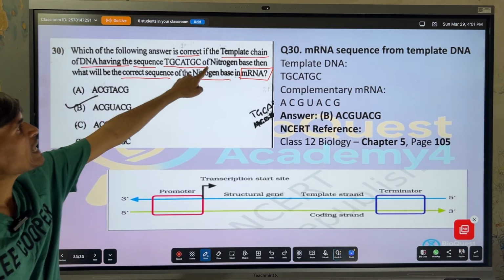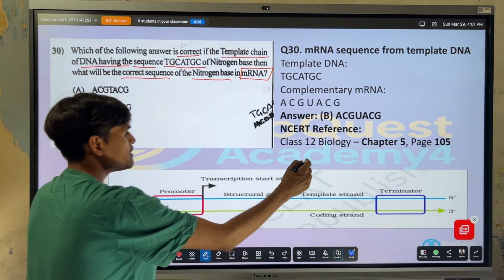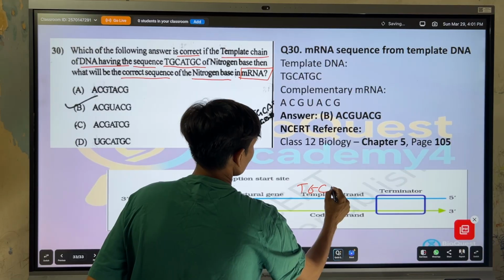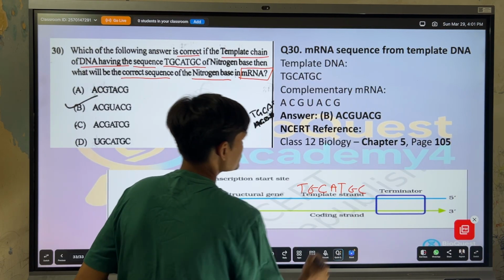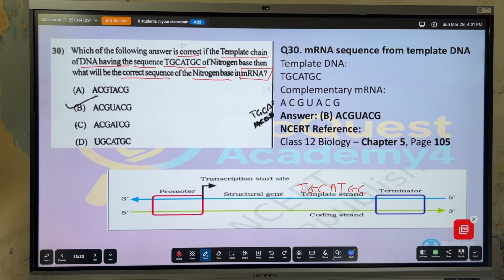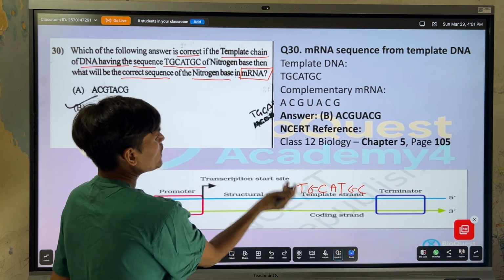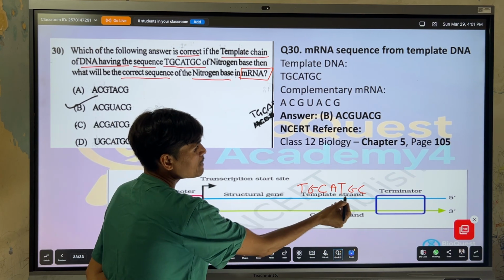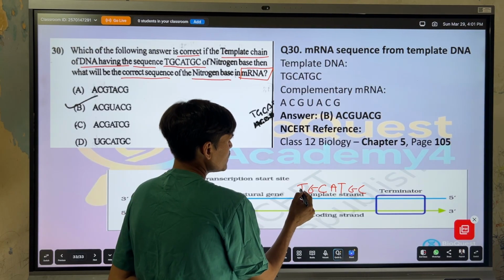Now see, the template chain sequence is given: TGCATGC. This is the template strand's sequence. If I form the mRNA of the template strand, what will it be?